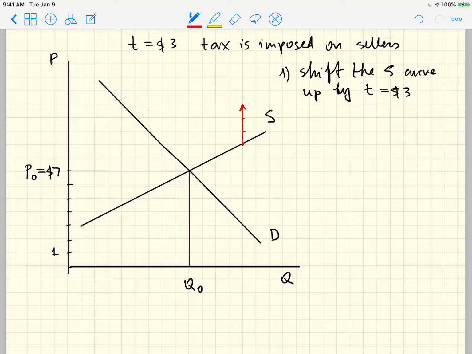And for this point, 1, 2, 3 also makes $3. So here we go. We got 2 points. And if we connect them, we'll get the entire curve, which is the supply curve shifted up by the amount of the tax.